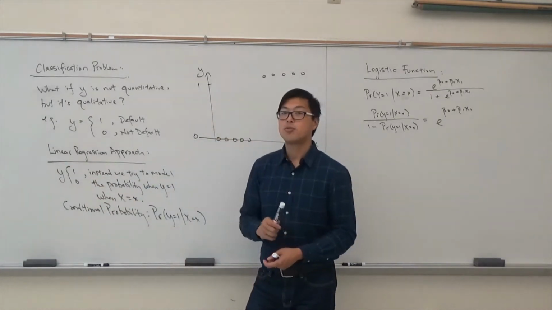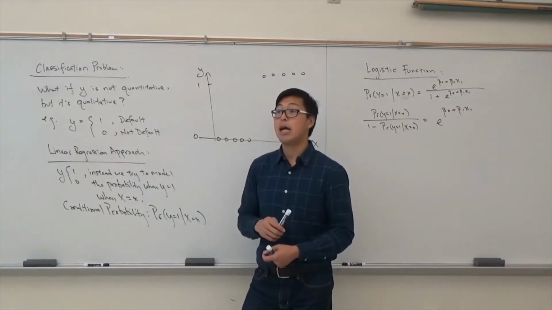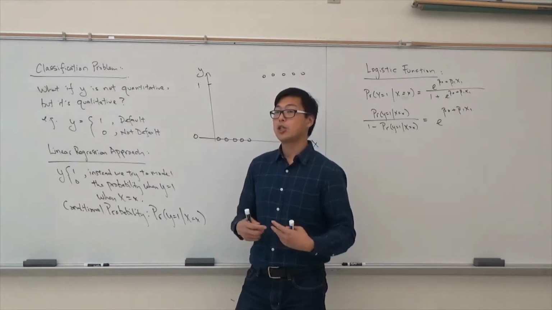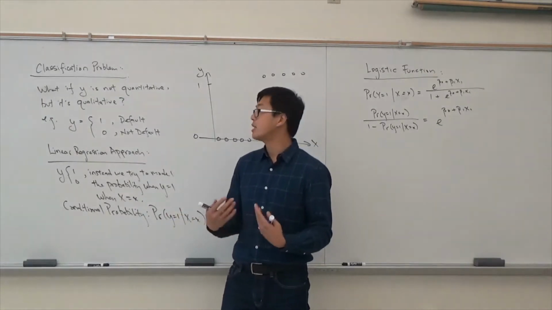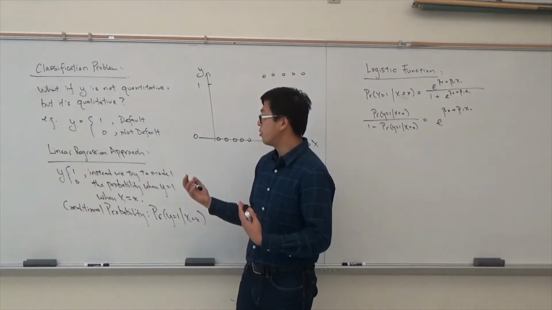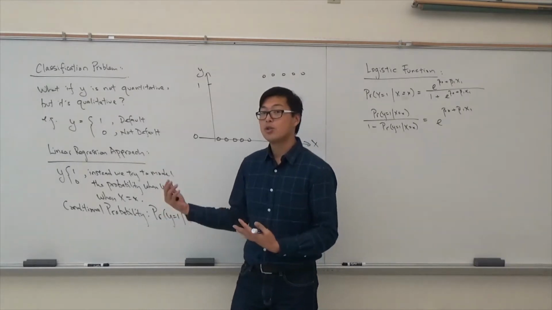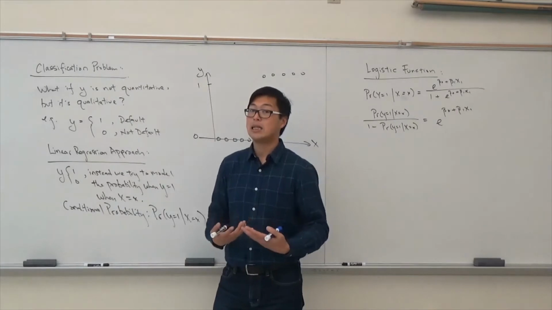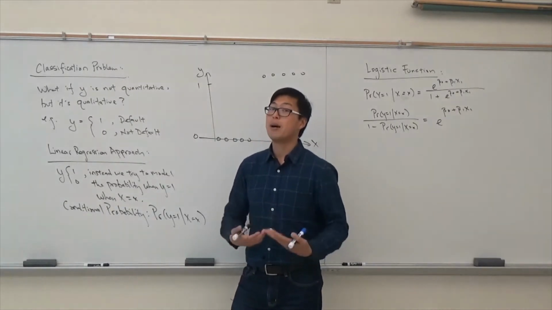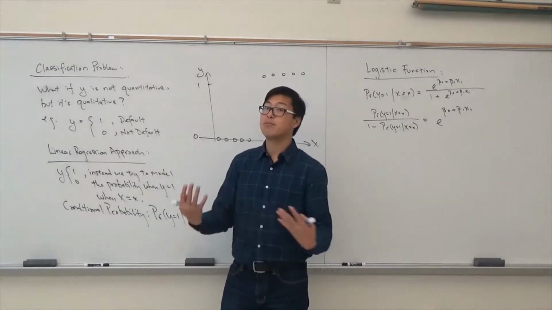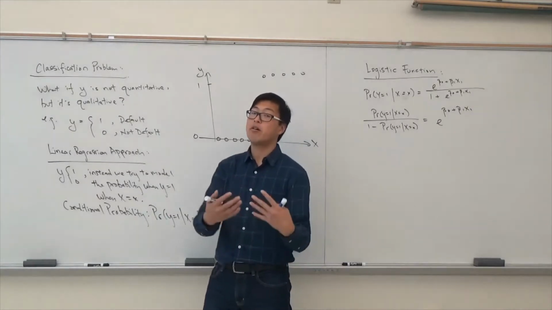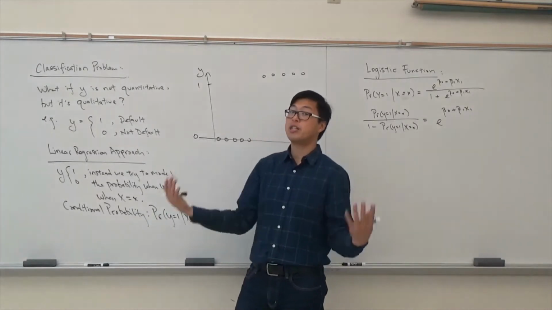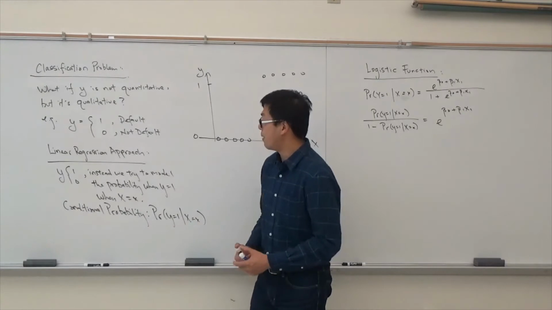But in this case we are not trying to fit a line through all the data points. Instead, we use a line to model the probability of y, how likely y will become 1 and how likely y will become 0. That's the concept of building this classification model in a linear regression background.